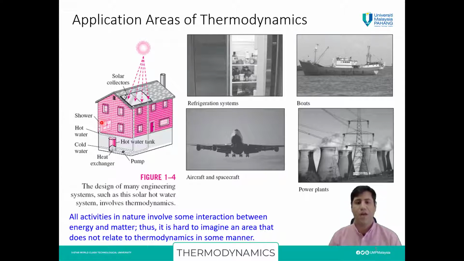So it is hard to find equipment or anything around us which is not related to thermodynamics. All activities in nature involve some interaction between energy and matter. This interaction actually is thermodynamics. So it is hard to find an area that is not related to thermodynamics.